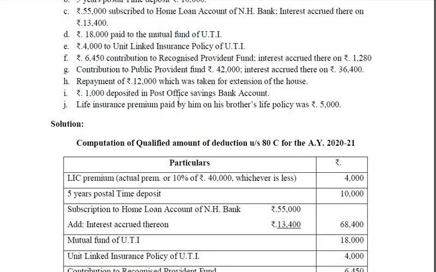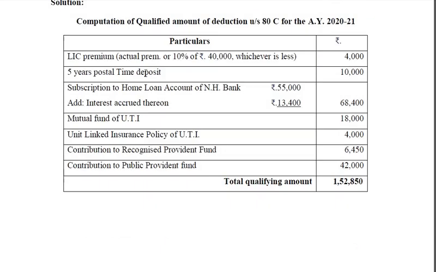Rupees 1,000 deposited in post office savings bank account, so that's also not allowed. Life insurance premium paid by him on his brother's life policy, that's not qualified because premium paid on the policy taken on the life of self, spouse or children, that only qualifies for deduction under 80C. Okay, see the solution here.